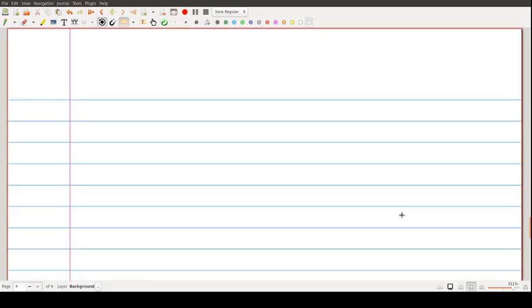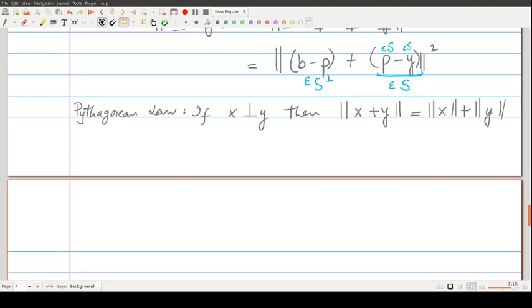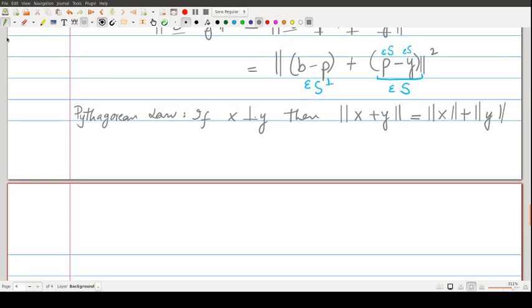So let's take this example. We have b minus y, which is b minus p plus p minus y, whole squared.